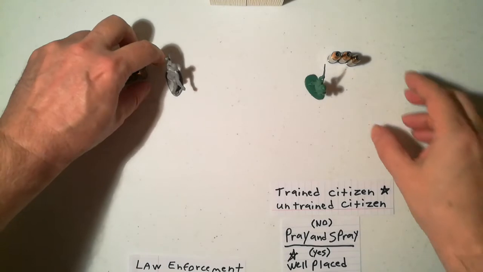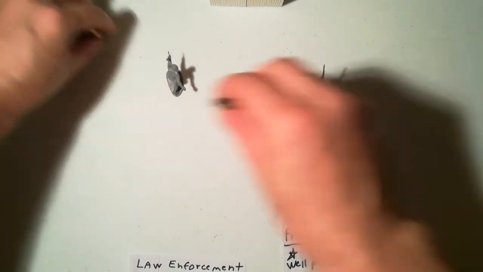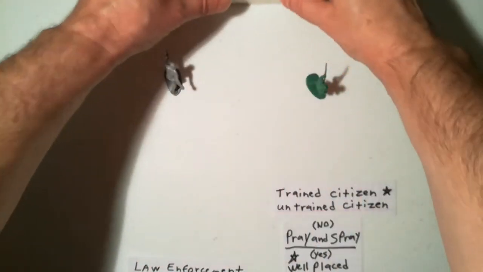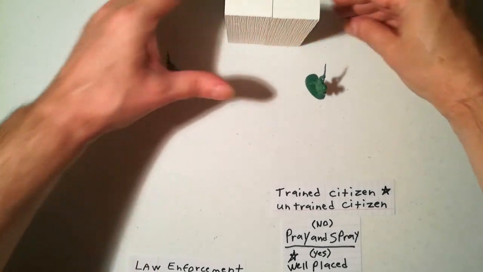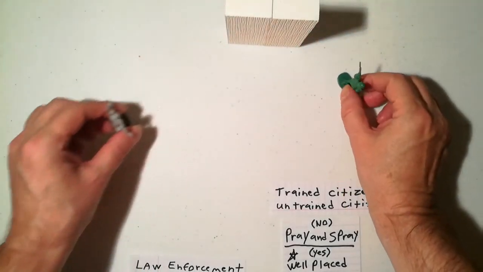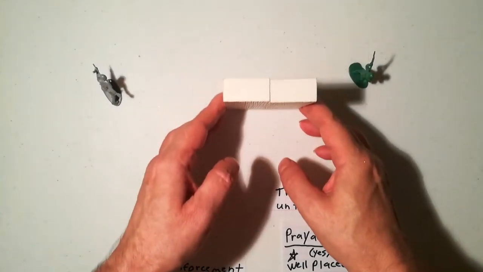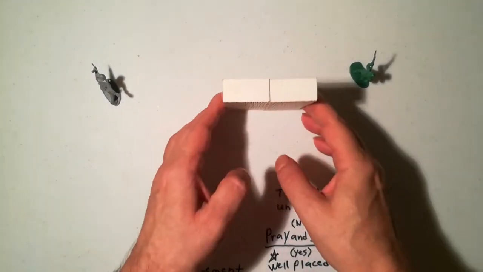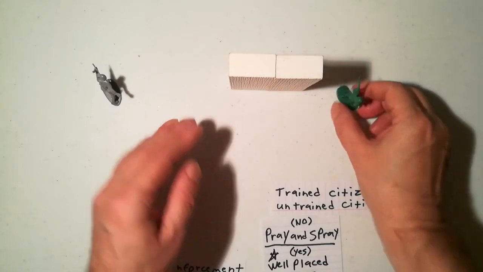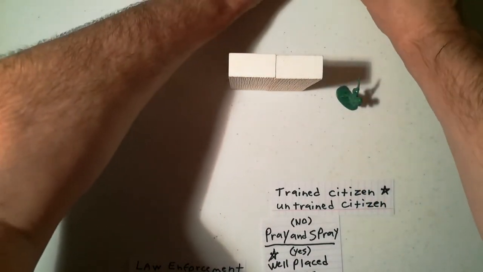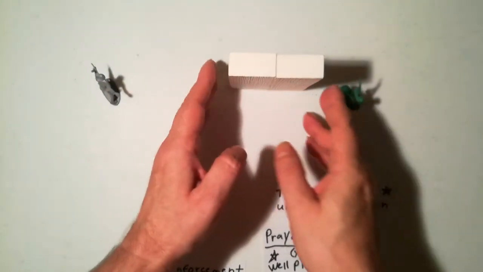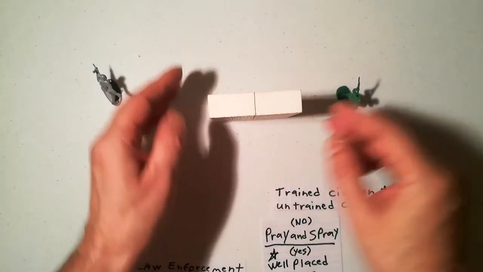So what I want to show you here is a piece of cover, and here's the citizen, here's a law enforcement officer. As a citizen, what's going to happen is you're going to end up in a defense situation. Now, let's say you got 3 guys right here, and these 3 guys are after you.